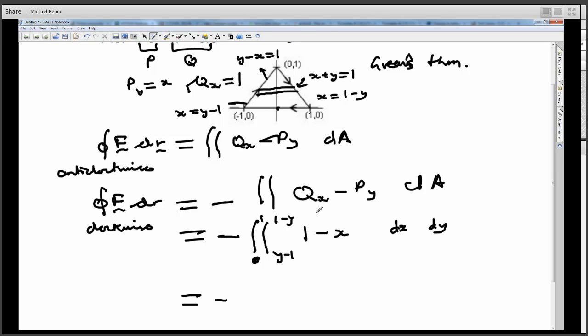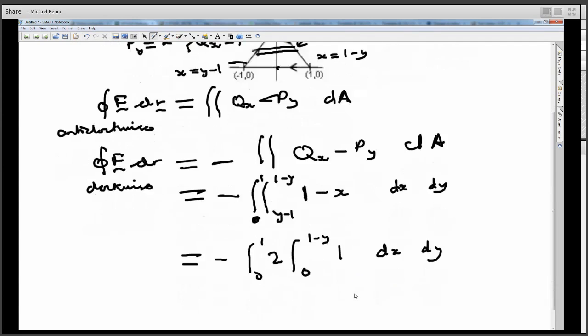Because of this odd symmetry, one here is an even function, so it'd be twice the integral from 0 to 1 minus y of 1. And x here is an odd function, so the integral from minus a to a of an odd function is just going to give you 0. So we could actually, using symmetry, reduce it down if we felt like it.